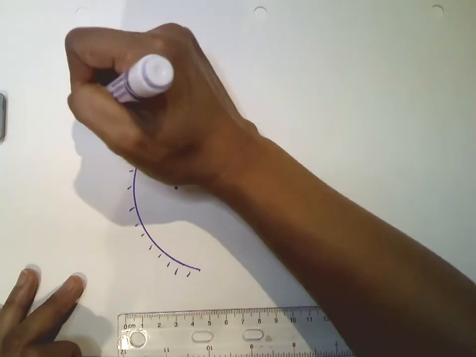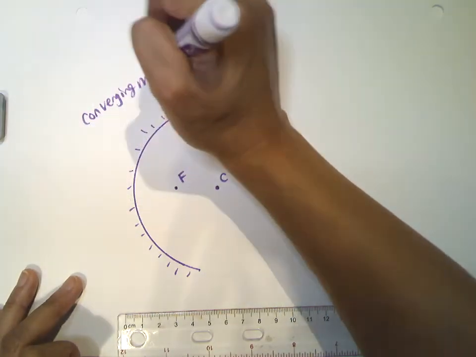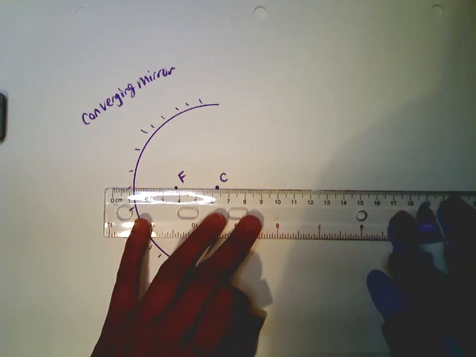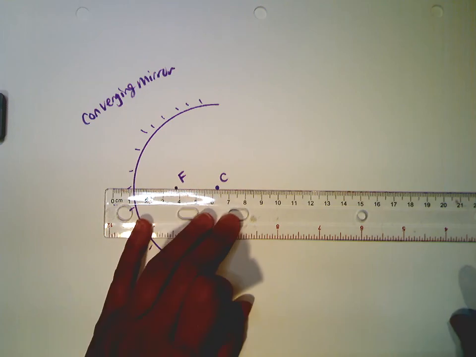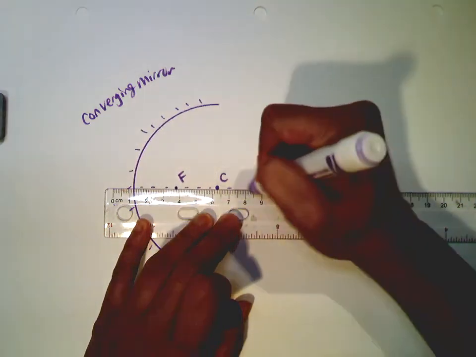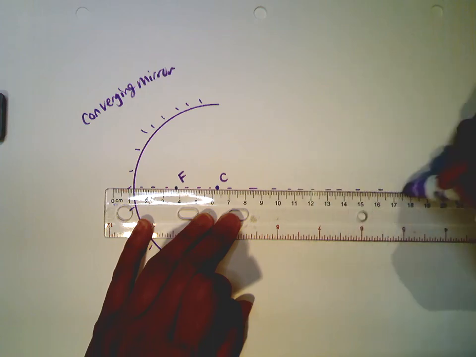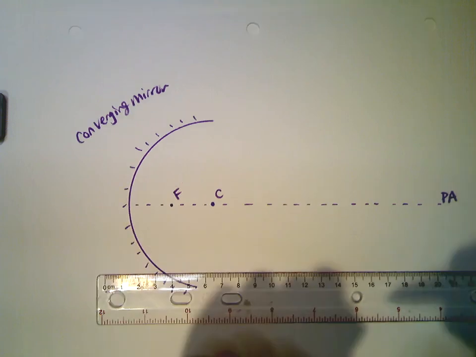Okay, and this is called a converging mirror. Okay, and oh, let's not forget to draw our principal axis. So here is our principal axis, and we'll call that the PA for short, PA.